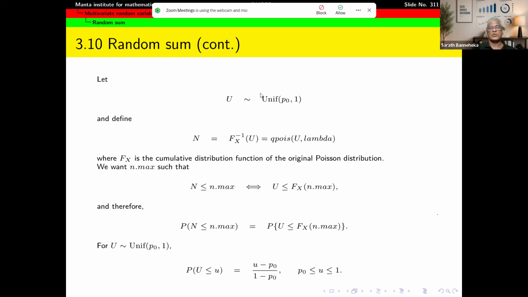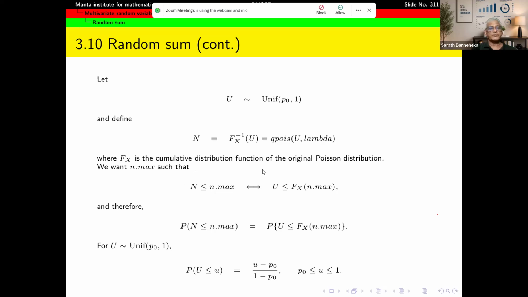These are considered as probabilities now. So when you calculate qpois for the probabilities, you get quantiles. Those quantiles will be my n values now.